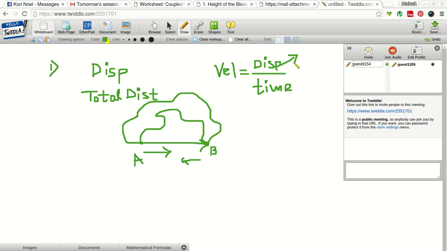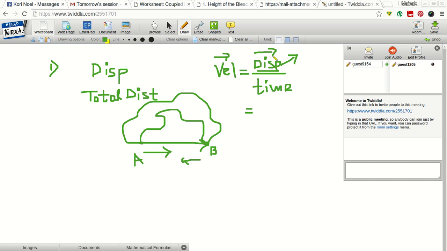Displacement divided by time, like 5 seconds or 10 seconds or 5 hours, is just a number in the denominator, but displacement is a vector. So displacement divided by time, which is velocity, is itself a vector. We define a vector with an arrow over the quantity. So a vector divided by a scalar gives me a vector.